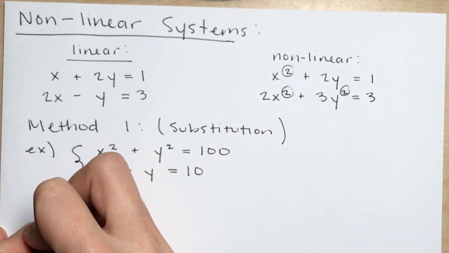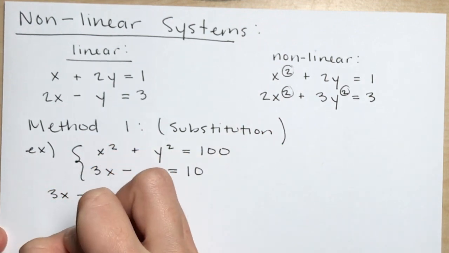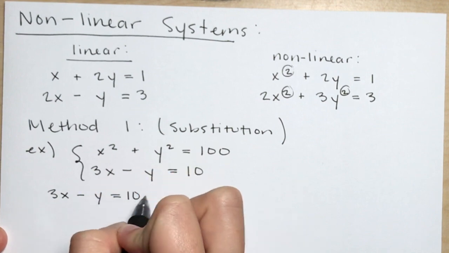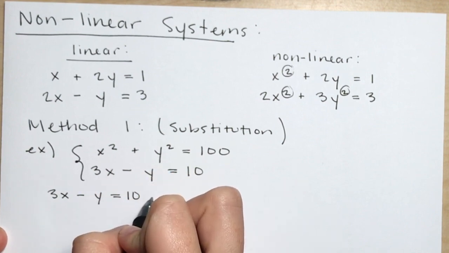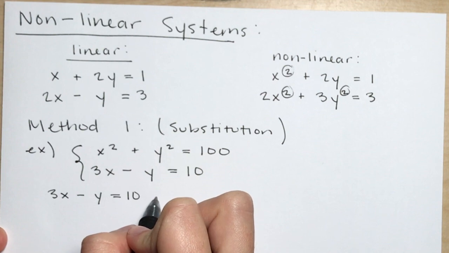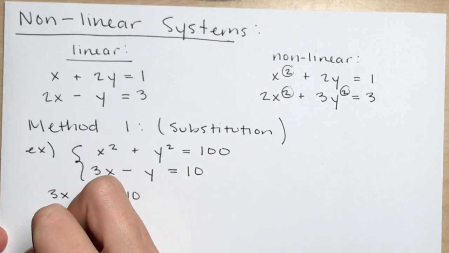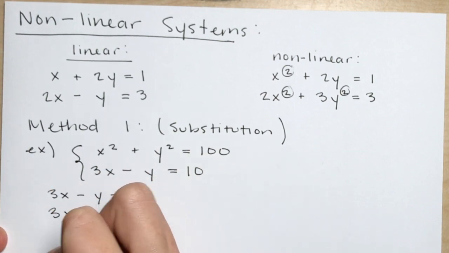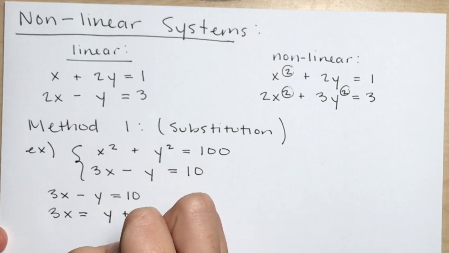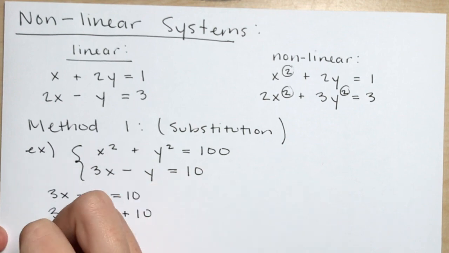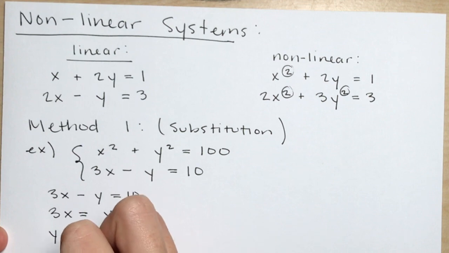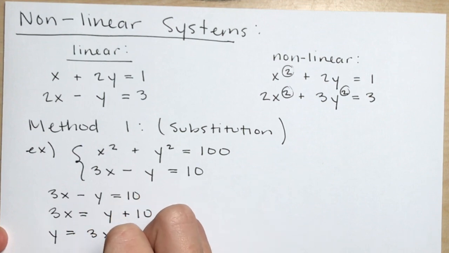So 3x minus y equals 10. Let's bring the y over to the right side, and then we can bring the 10 over to the other side. So we end up with y equals 3x minus 10.